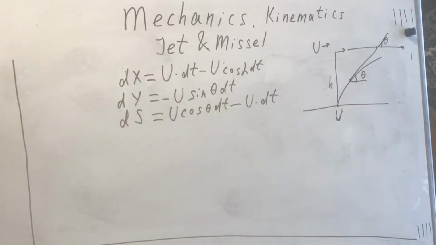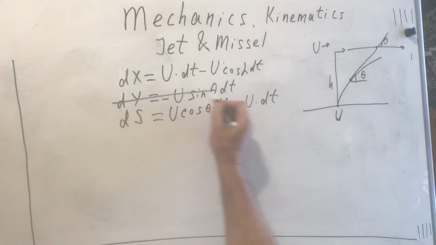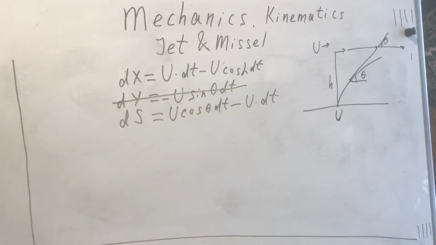If we look at these three equations, we can see that the dy equation is not helpful. We can eliminate this. But if we look at the dx and ds equations, we see that dx is exactly equal to negative ds. So if we add them, they just cancel each other.